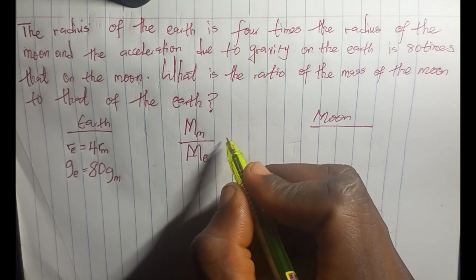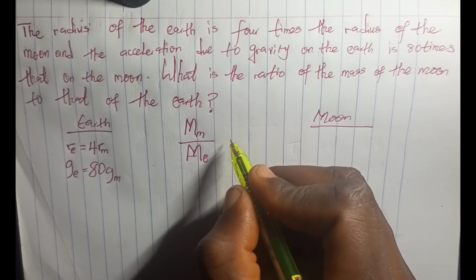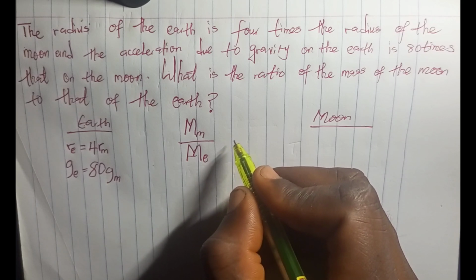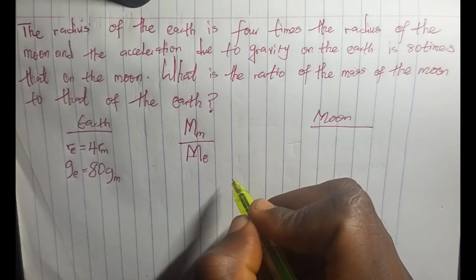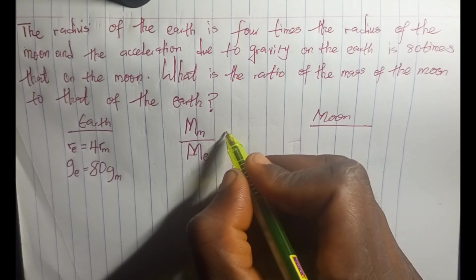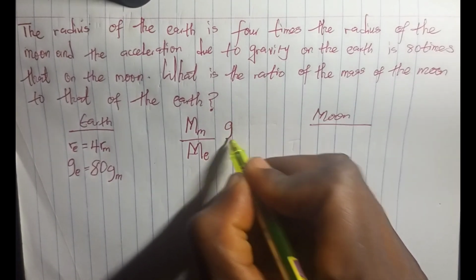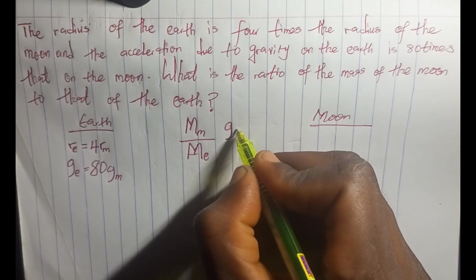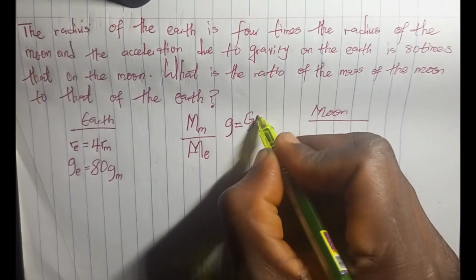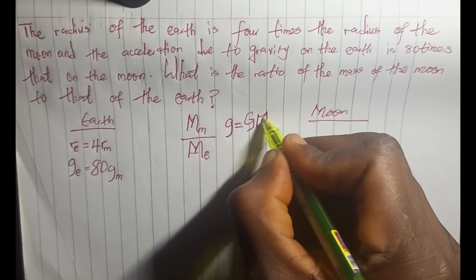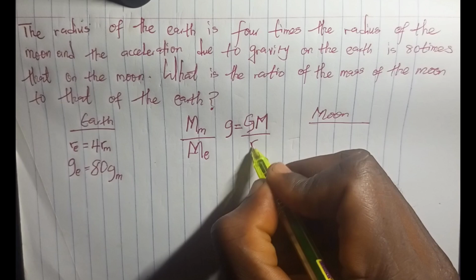In one of my videos, the one whose caption says why the acceleration due to gravity is not constant, why it is greater at the poles, I derived that the acceleration due to gravity on a particular planet equals the universal gravitational constant times the mass of that planet, all over the square of the radius of that planet.